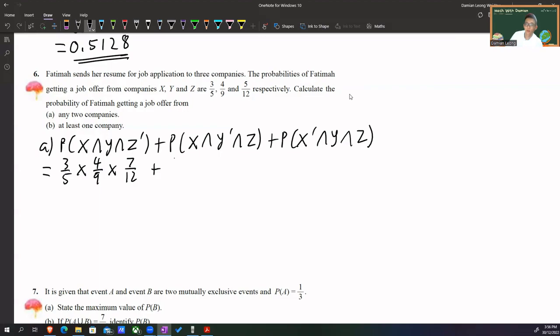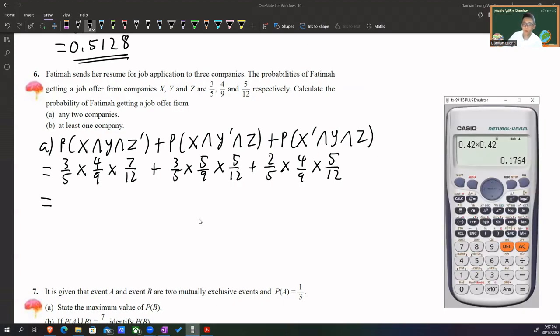Okay. Getting from X, 3 over 5. Not getting from Y, 1 minus 4 over 9, 5 over 9. And getting from Z, 5 over 12. Or not getting from X, 1 minus 3 over 5, so 2 over 5. Getting from Y, 4 over 9. Getting from Z, 5 over 12.